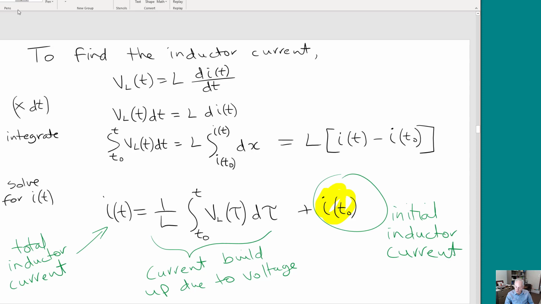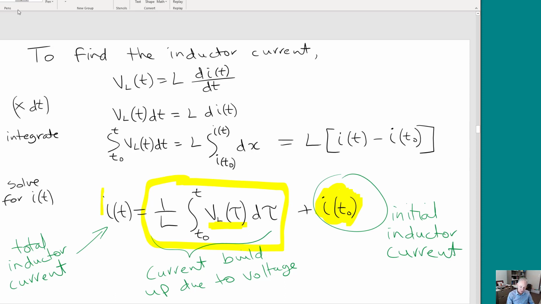We have i(t naught), the initial inductor current. And this part here is how the current is building up in the inductor due to the voltage. So this is the current buildup.